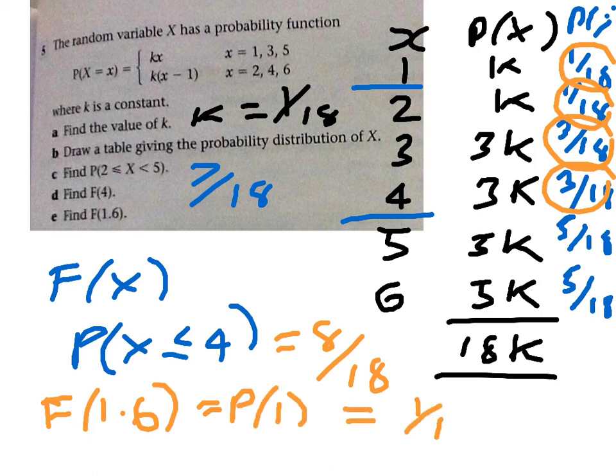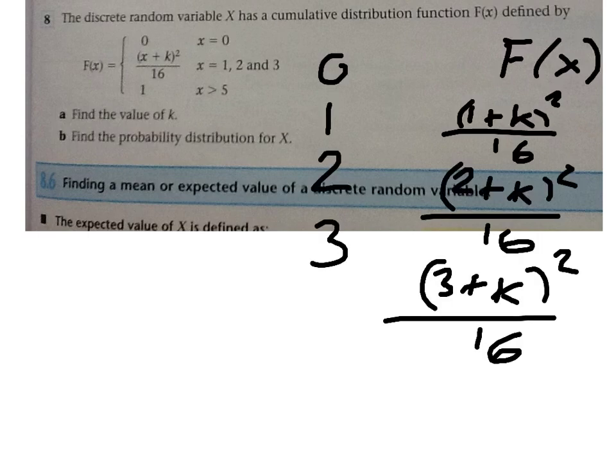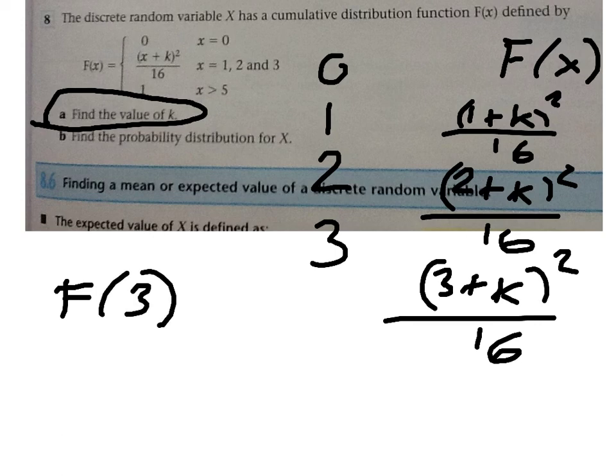So we've been given the cumulative distribution function that enables us to work out the probabilities. I'm going to start off by writing down the values of x and then the values of F of x. Now the trick to getting k, which is quite different from how you found it before, is to take the fact that F of your last number, F of 3, is going to equal 1, because F of 3 includes 3, 2 and 1.